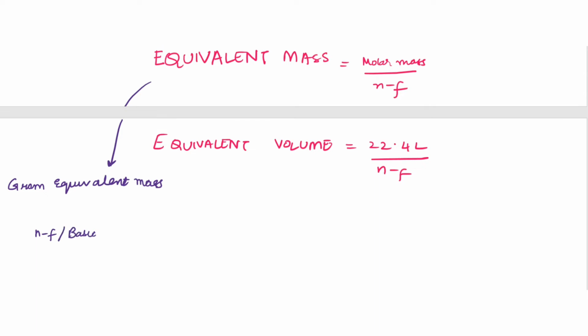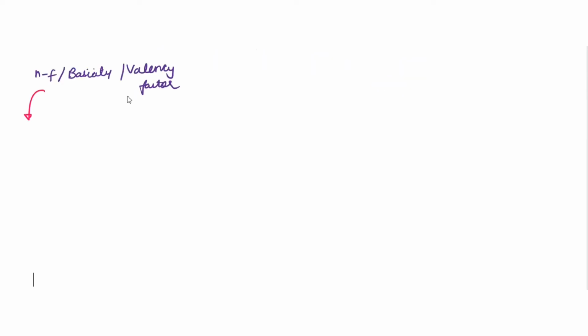Now I'll tell you what is n factor. N factor, or basicity, or some people call it valence factor. For a base, n factor is nothing but the acidity of the base, which is the number of OH minus ions produced by the base when dissolved in water.